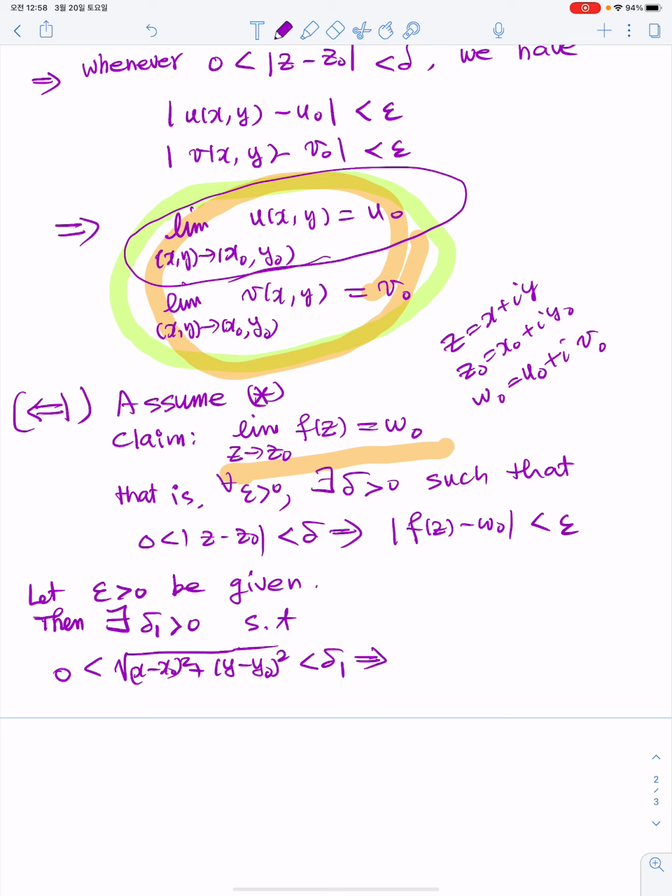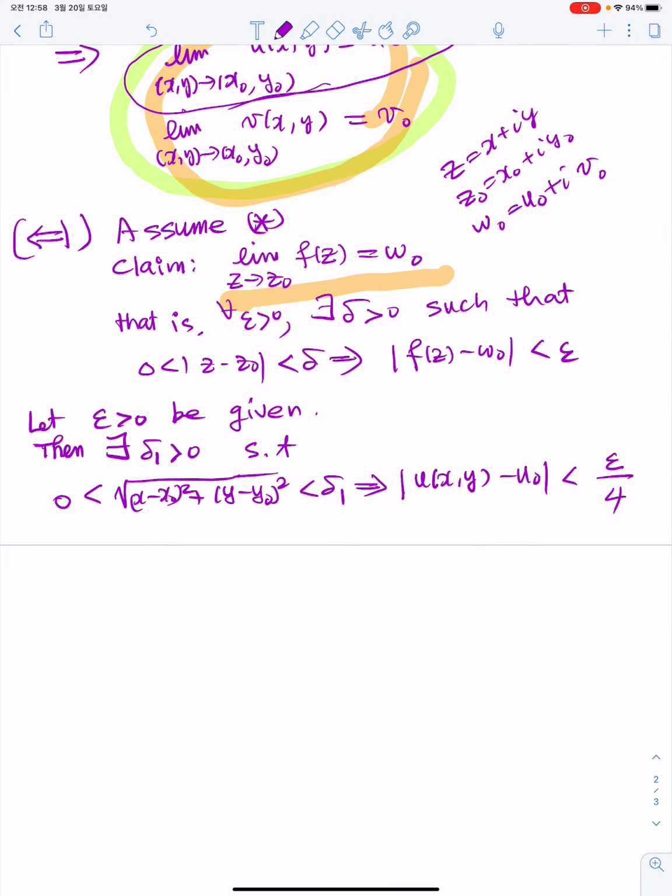Whenever this is true, |u(x,y) minus u0| is less than epsilon, but I use a smaller one, so epsilon over 4. It's okay. You can use epsilon over 5 or 6, 7, whatever you want works.